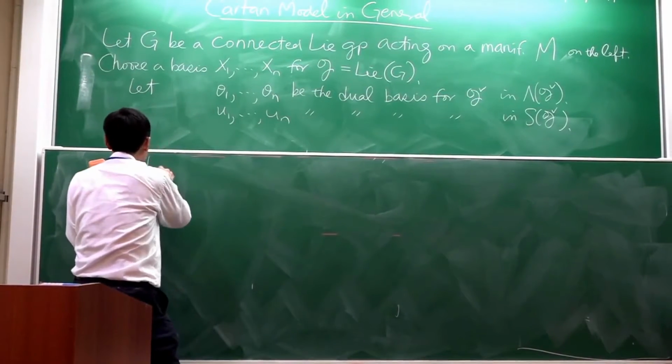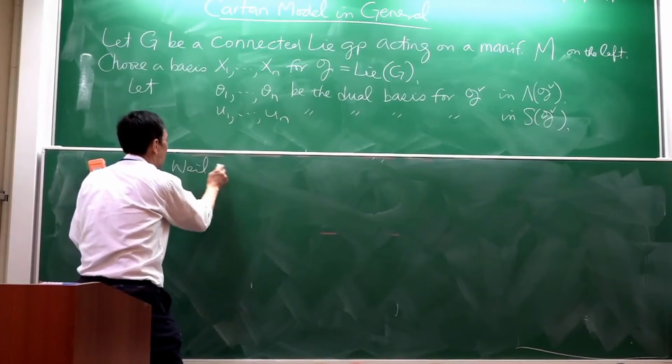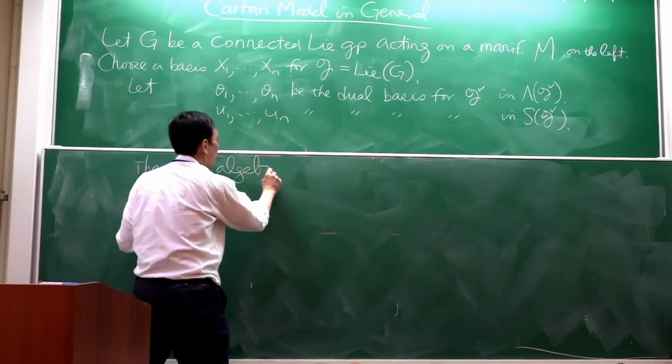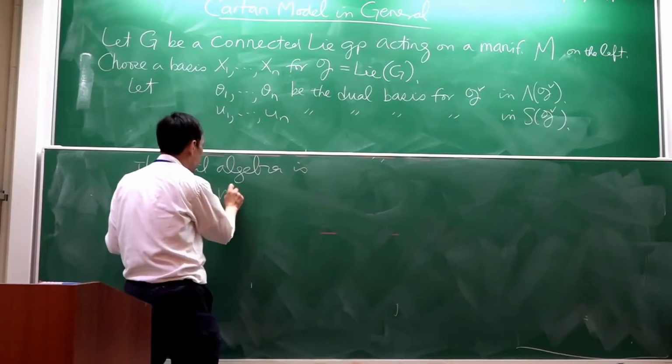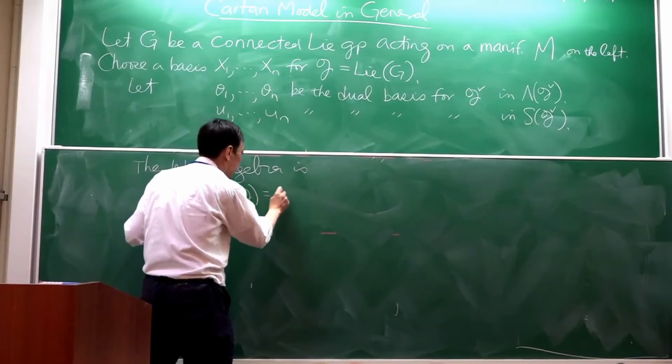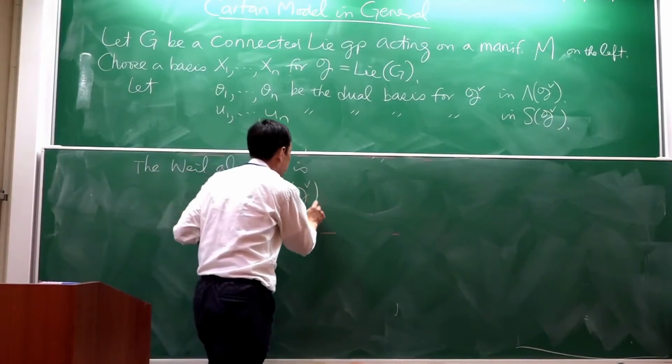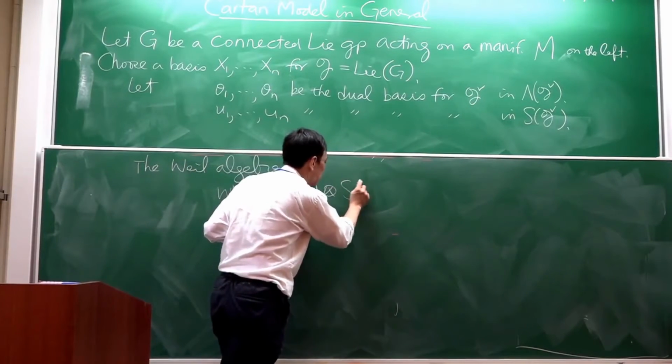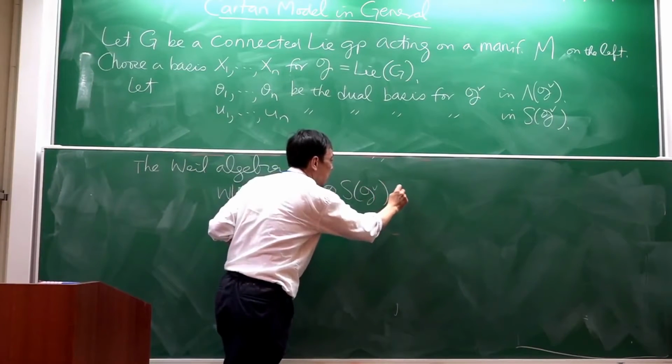So the Weil algebra is WG. It's the exterior algebra of G dual tensor with the symmetric algebra of G dual.